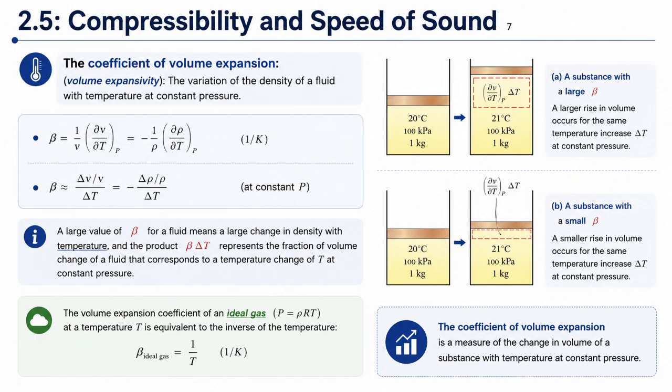For an ideal gas, beta is equal to 1 over T, where T must be the absolute temperature in Kelvin. This property is important in thermal expansion, natural convection, buoyancy, and atmospheric flow.